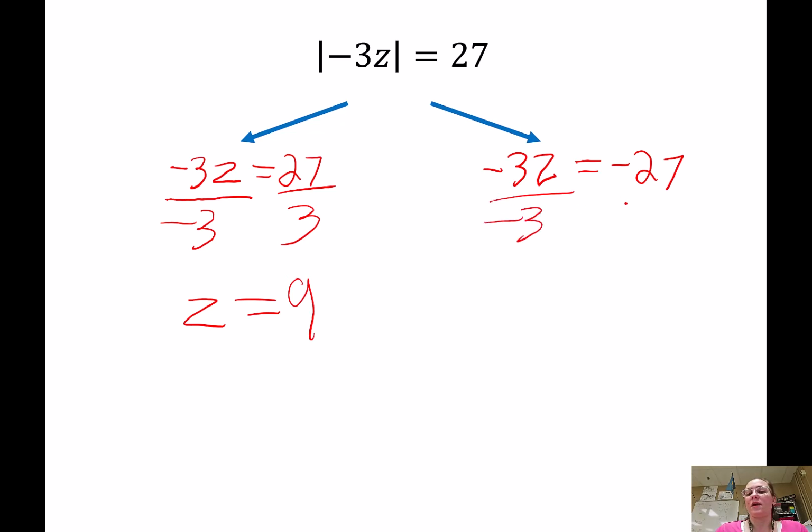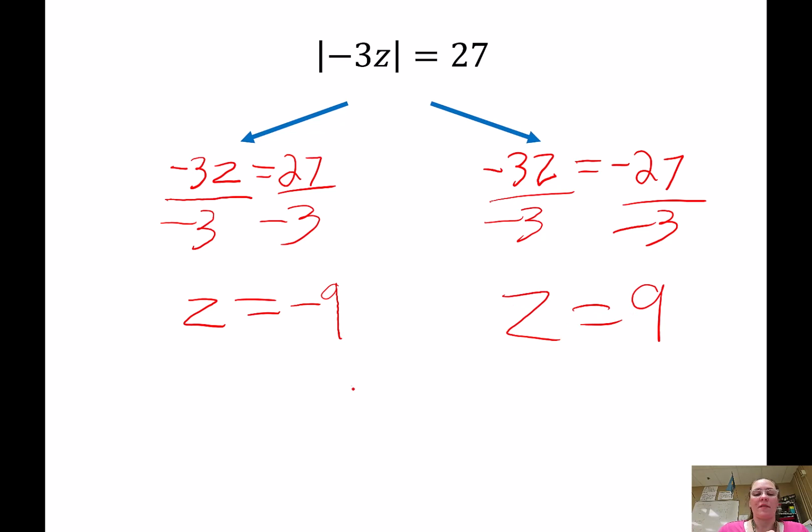Divide by negative 3, and then negative 27 divided by negative 3 gives me positive 9. So my solutions are negative 9 and 9.